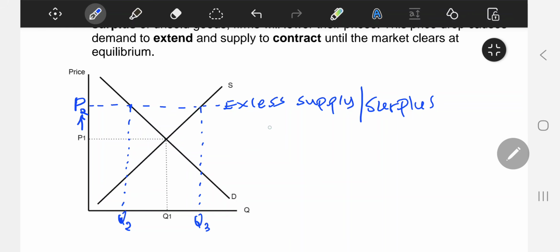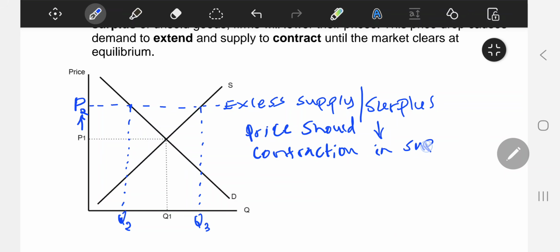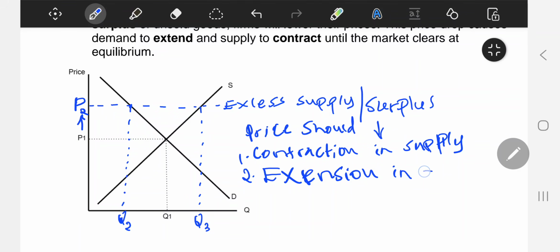So price should decrease, and when price decreases, there's going to be a contraction in supply. That's one of the things going to happen. The second thing is that there's going to be an extension in demand. I'm going to show you this in the diagram.